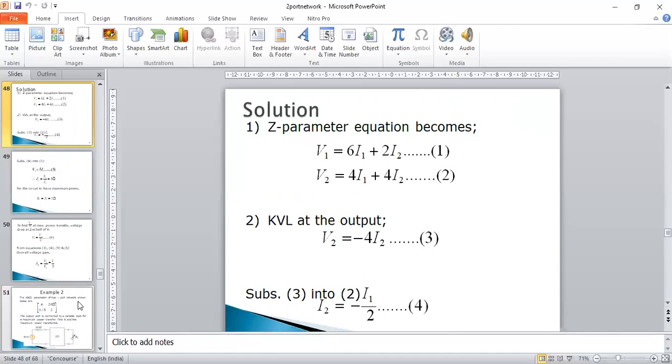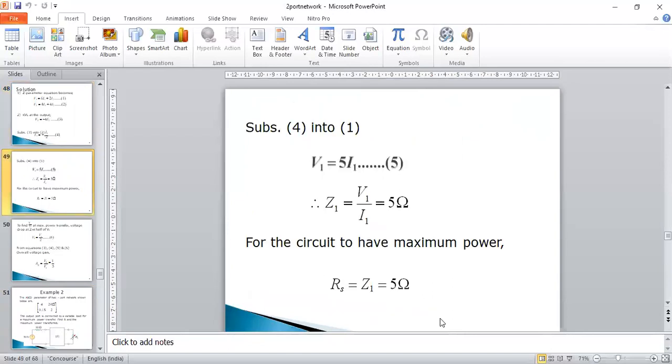Step number 2, you have to apply KVL at the output port, in which we get V2 is equal to minus 4I2, and substituting this in equation number 2, we find I1 by 2 minus I2. Again, here there is one unknown, so two unknowns. So write equation number 4.